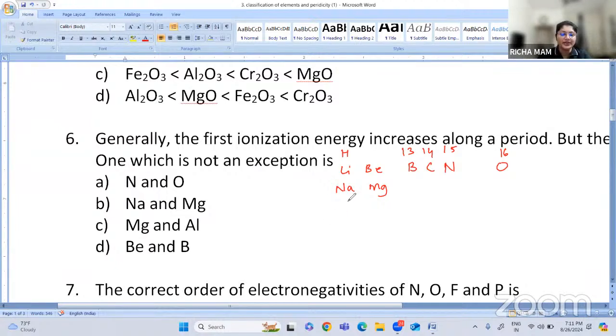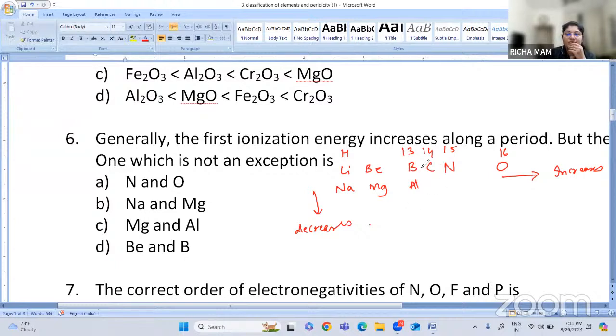And where is aluminum? Down from boron. So beryllium, boron, magnesium, oxygen, and nitrogen are placed. Now across the period, what happens? It increases, and down the group it decreases. Now, which is not an exception among the following?